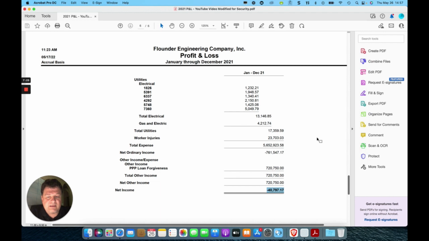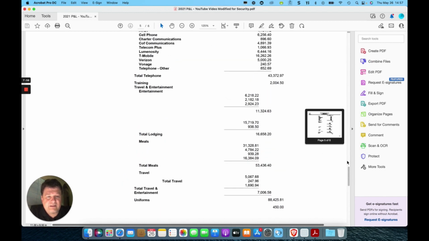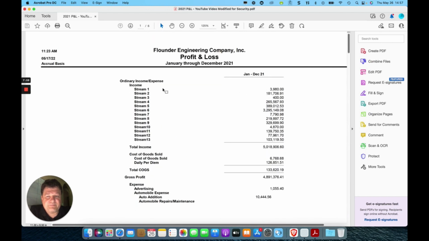So the point of all this is this particular company will not do better with a cash injection. This company needs to manage what they're doing, and they are not being managed well. So there's a perfect example of a floundering company that you don't want to be in, and you don't want to become this.